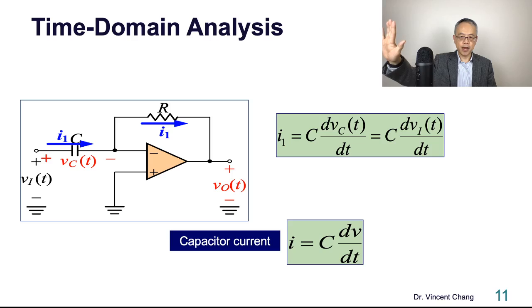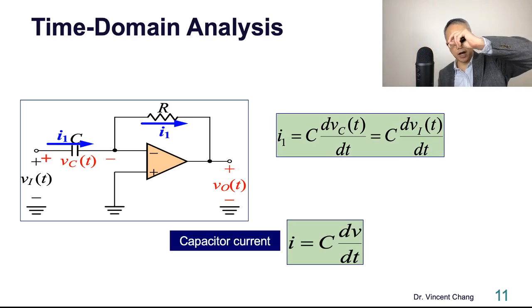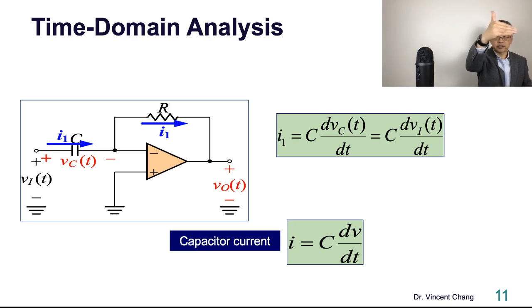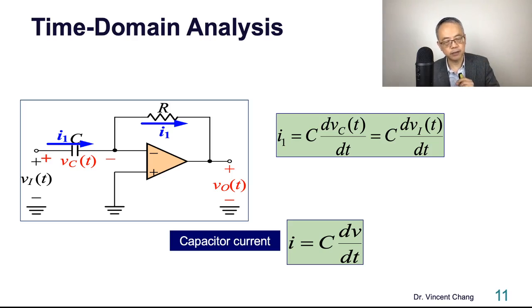So now VO equals what? VO equals negative I times R. And I equals C dV/dt. dV over dt, dV of what? The capacitor voltage. But because of the virtual ground at the inverting terminal, VC, the capacitor voltage, is actually the input voltage VI.